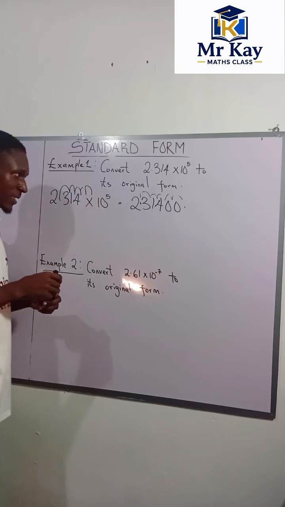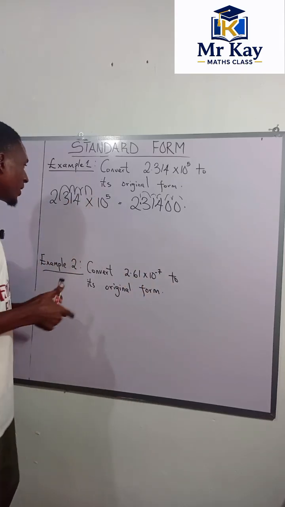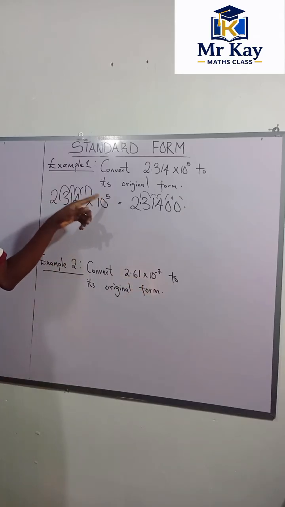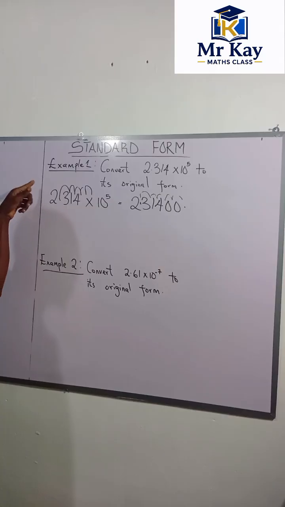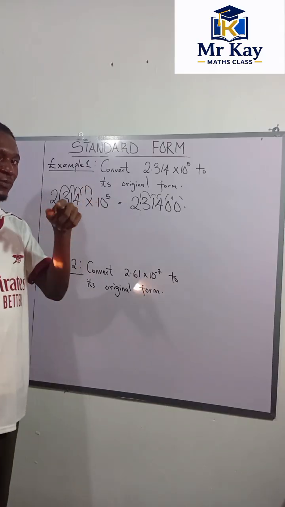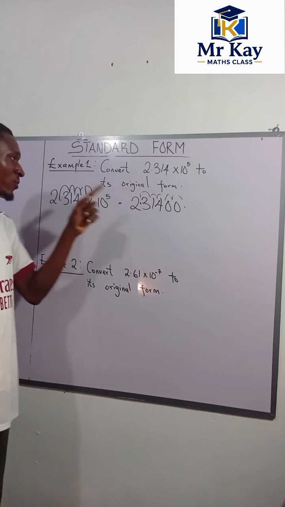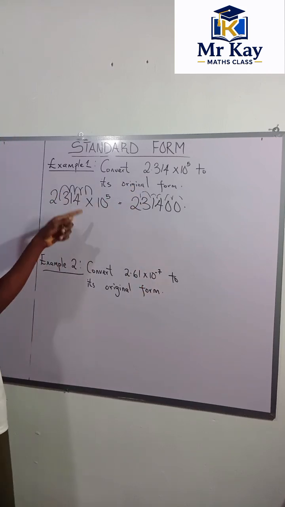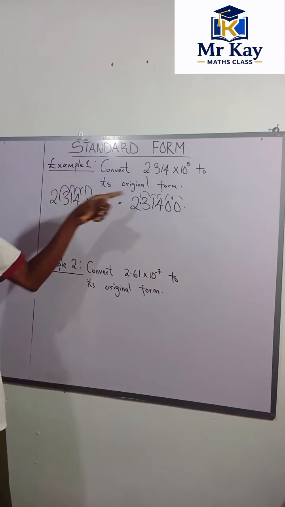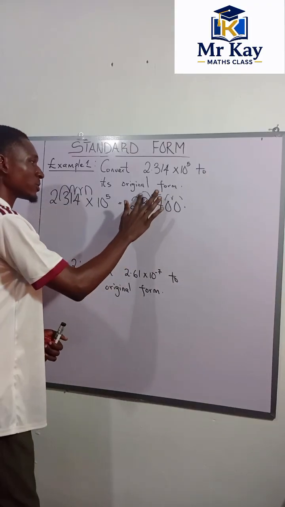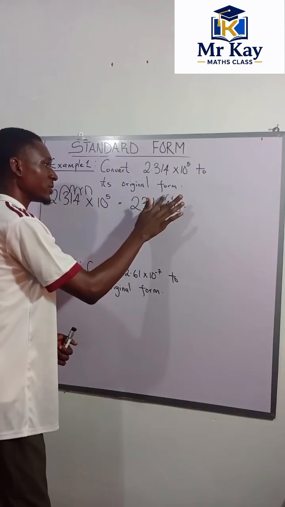So you just have to sit down and look at it and say, okay, if this is positive 5, that means this number has been moved to the left already. I want to take it back to how it was before. Remember, you are converting it back to its original form. You are going to take it backward again 5 times to how it was before. Are you getting it? So that is how we got this number.